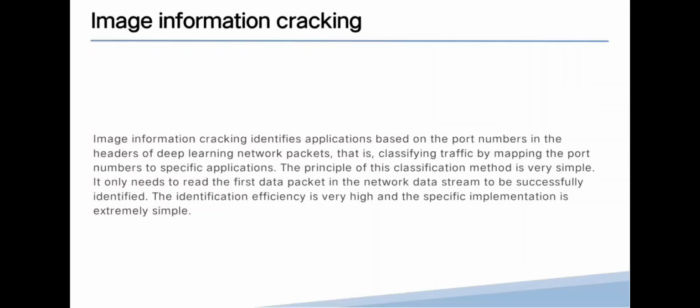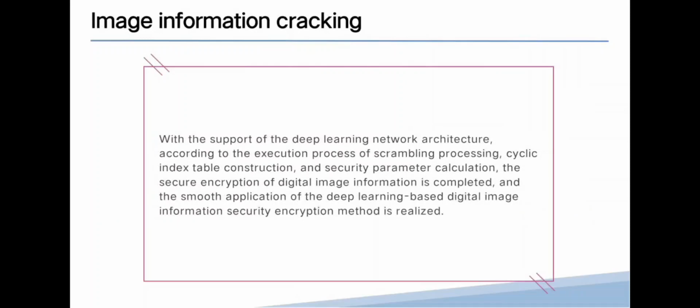It only needs to read the first data packet in the network data stream to be successfully identified. The identification efficiency is very high, and specific implementation is extremely simple.